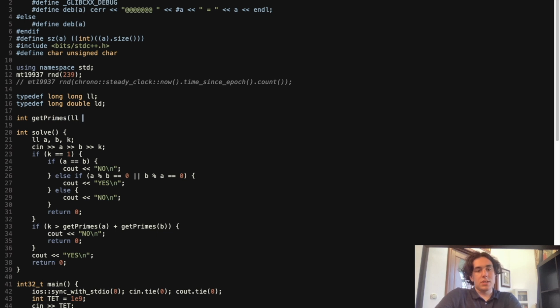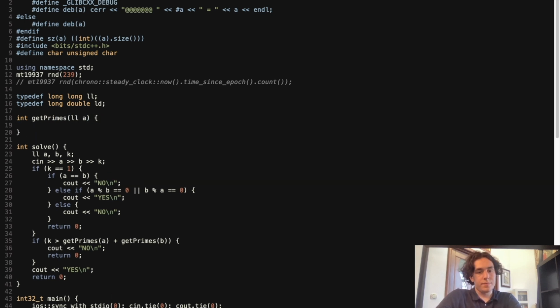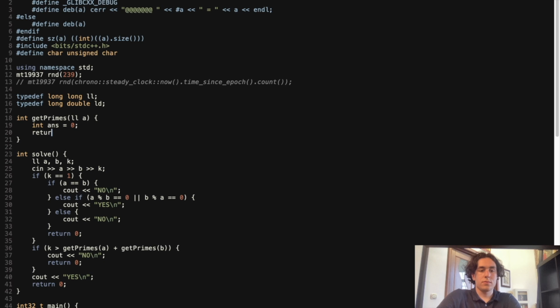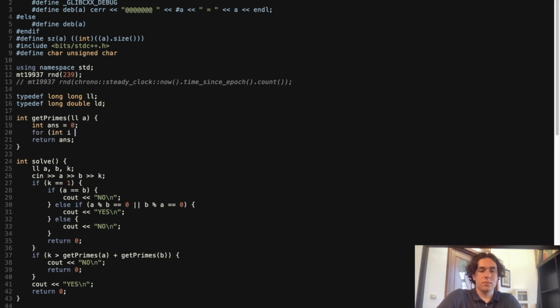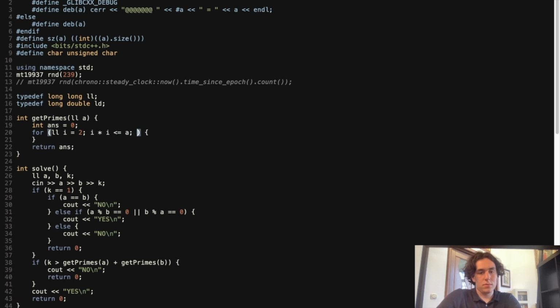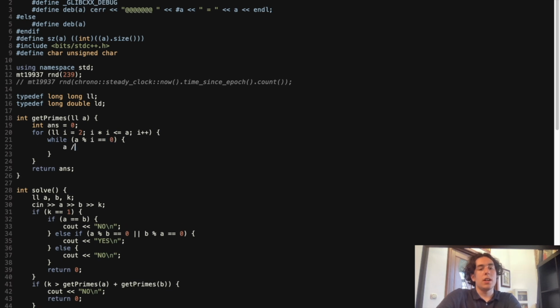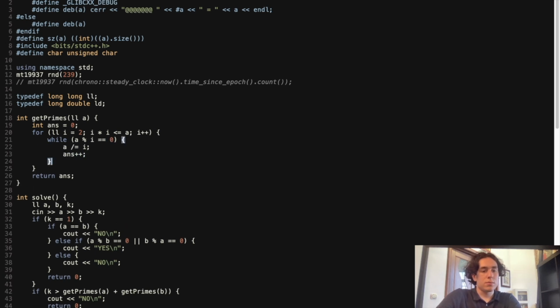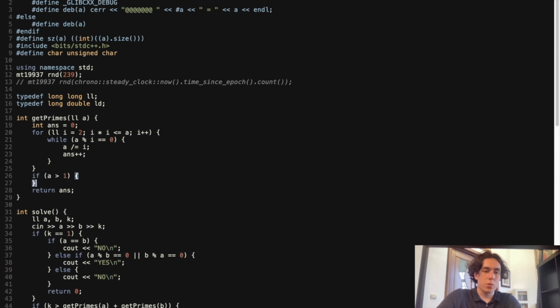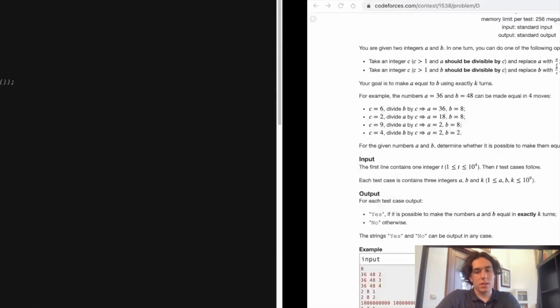Get primes: while A % I is equal to 0, A divide equal I, ans plus plus. If A more than 1, ans plus plus.